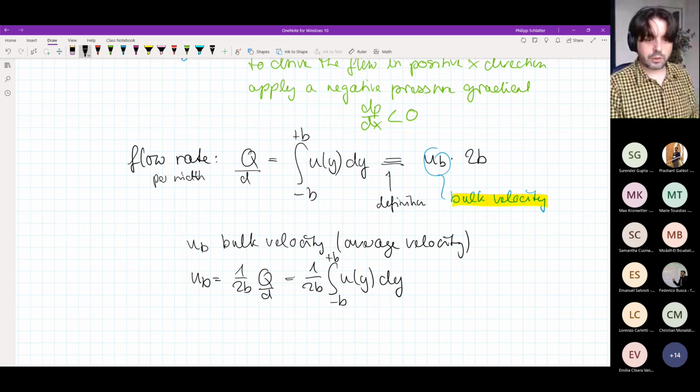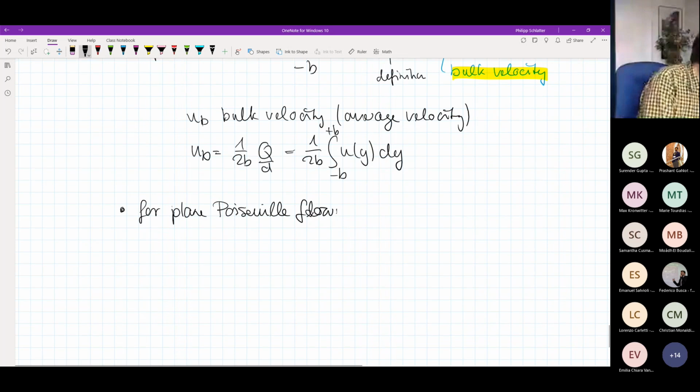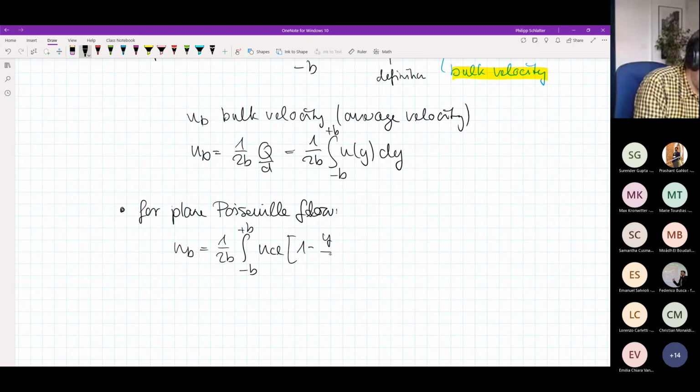Now for plane Poiseuille flow, we can actually calculate all of these quantities. Let's do that. Well, UB, if we start there, would be just using this formula that we just derived. It's the integral from minus b to plus b of UCL times 1 minus y squared divided by b squared dy.